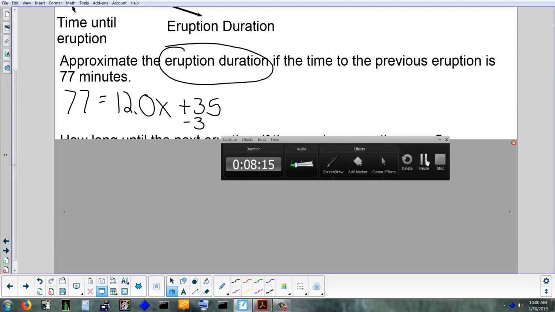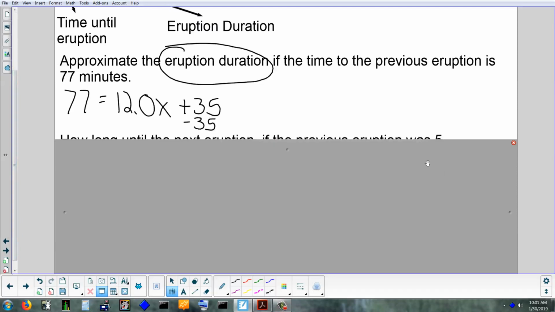Right, so like Brady just told me from Yusuf, I'm going to minus 35 on both sides. All right, so now this is going to cancel out. 7 minus 5 is what? 2. And then 7 minus 3? 3. 4. 4. All right, so guys, all I did was I ran out of space, so I took it and wrote it over here.